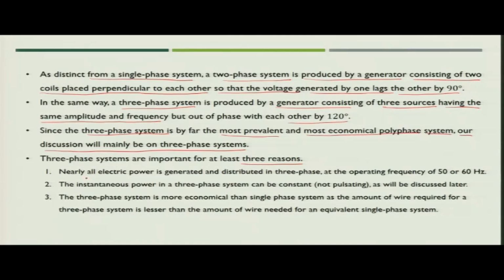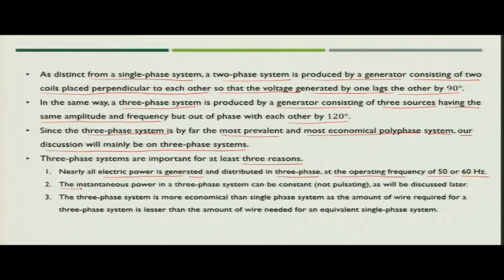First, the electric power we get in our houses or industrial establishments is mainly three phase power. In houses you have a single phase output of this three phase power, but in industrial establishments three phase power supply is given directly to run the big loads, all operating at either 50 hertz or 60 hertz.